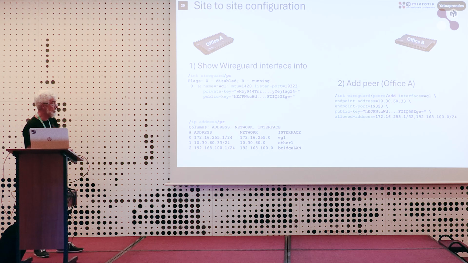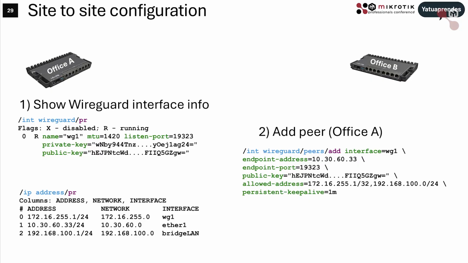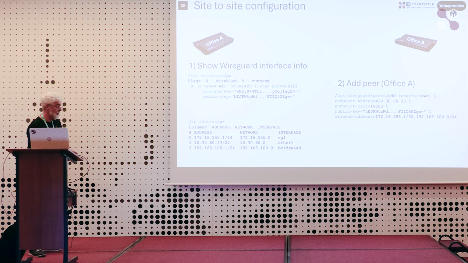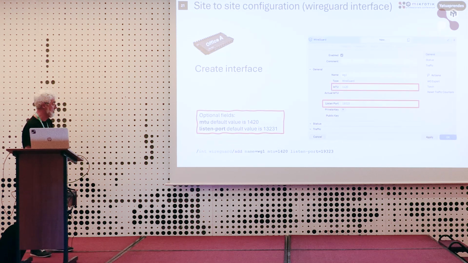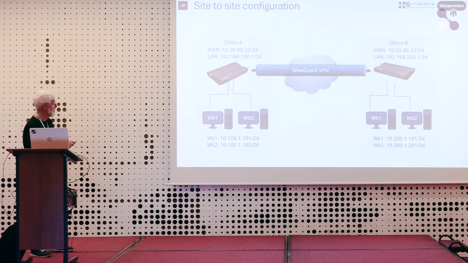In Office B, we add the peer of Office A. It's the same process. We show the WireGuard interface info of Office A, get the public key, put the public key, get the WireGuard tunnel IP, and put the subnet because we want to access from this LAN subnet to the other subnet.